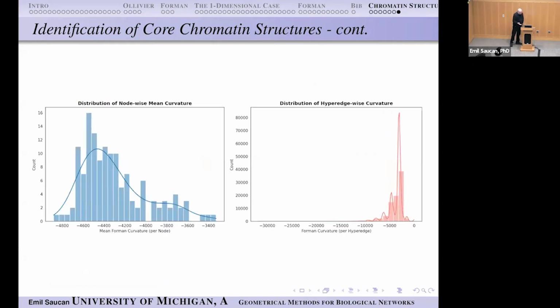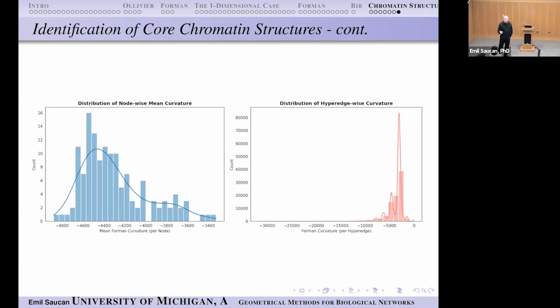Again, we did histograms. So here is the histogram. As you can see, this is the node-wise and the hyperedge curvature. You can see there is a hump effect, and it's very spiky. Yes, this is a good sign.